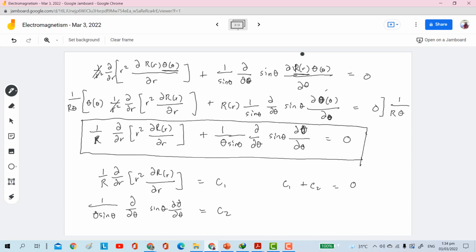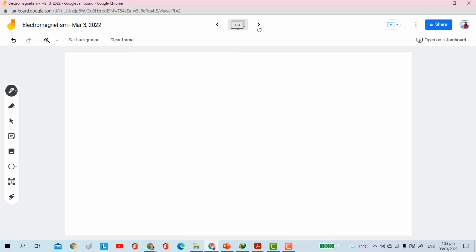Now, last time, in the Cartesian coordinate system, C1 is equal to k squared and then C2 is equal to minus k squared. Now this time for spherical coordinates, or for spherical Laplace, what we will do is we'll let C1 be equal to this one: L multiplied by L plus 1.